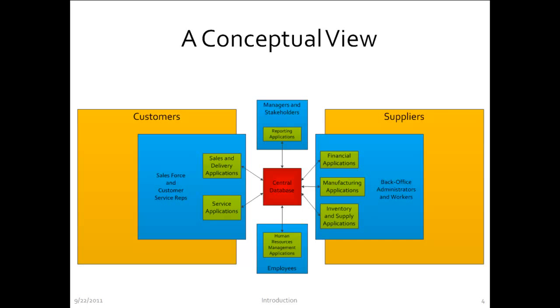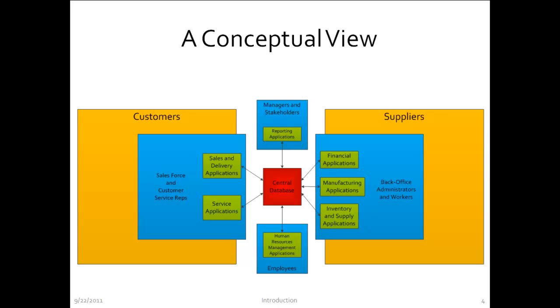And then the inventory and supply chain application will also have a notion of a customer. At the sales and delivery side, the customer will be someone who buys something. At the inventory and supply applications, the customer will be somebody who receives something, a product or something like that. So that's what we mean by shared data. And certainly all the applications will have some notion of the money that is earned, things like that.